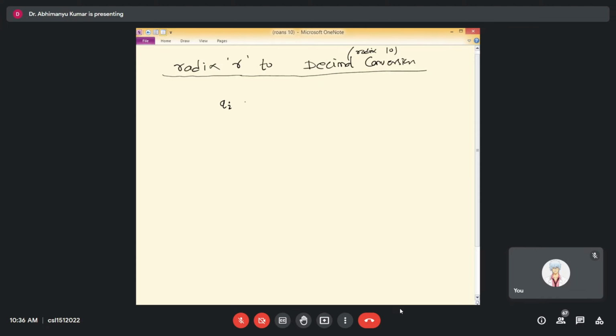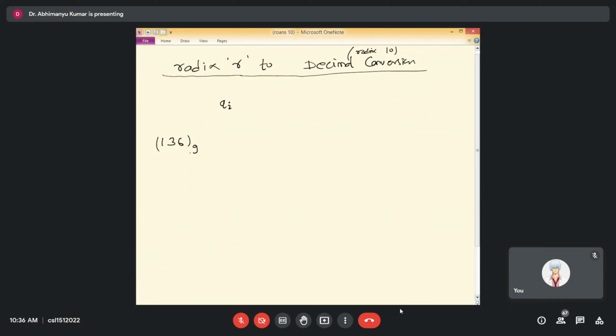Just like suppose the quantity is 136, and right now it is in, let's say, base 9, although base 9 is not a very standard number system, but suppose right now we assume that this is in base 9.